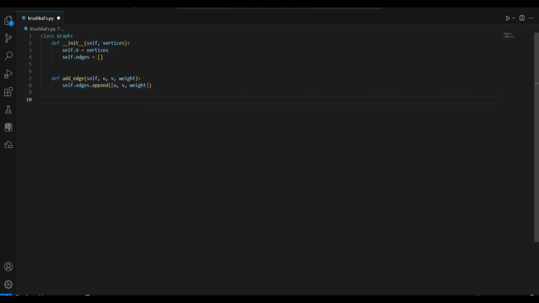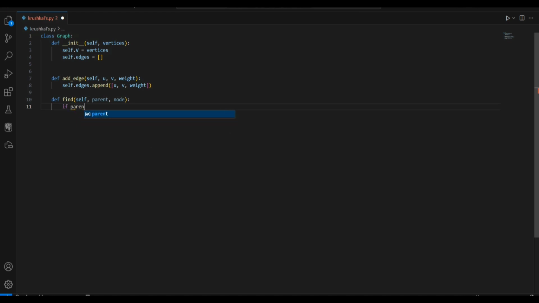Next one is the find operation with path compression. We need to define find, self, parent, node.